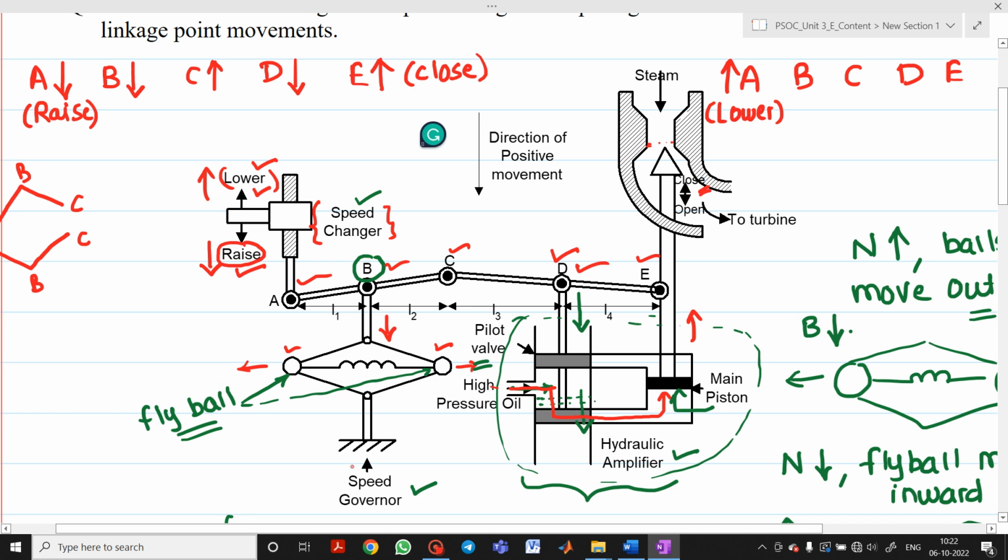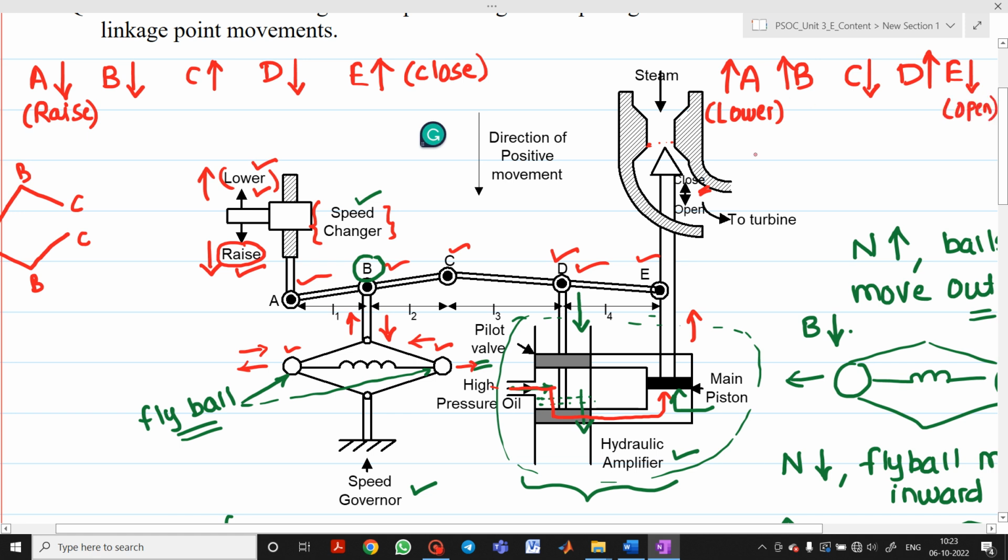Already we discussed, this speed governor or the fly balls will sense the changes in the speed. Lesser the speed, the fly balls will move in the inward direction, and as it moves in the inward direction, what happens to the point B? It will also move in upward direction. So point B will move in upward direction, point C will be in downward direction, point D will be in upward direction, point E will be in downward direction.